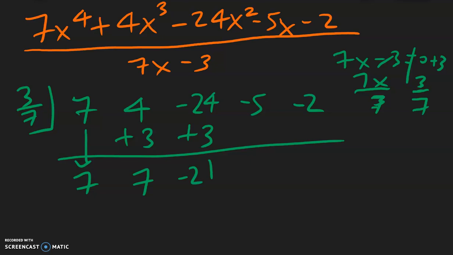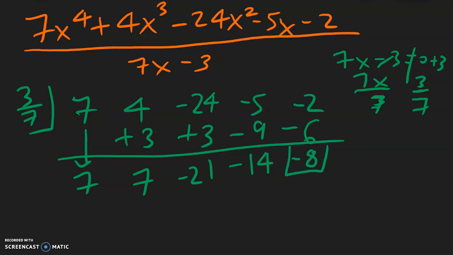Negative times positive is negative. 21 divided by 7 is 3. Then multiply the top, 3 times 3 is 9. Negative 5 minus 9 is going to be a negative 14. Then negative times the positive is going to be a negative. So 14 divided by 7 is 2. 2 times 3 on the top is going to give you a 6. And so here we have negative 2 minus 6, which is negative 8.